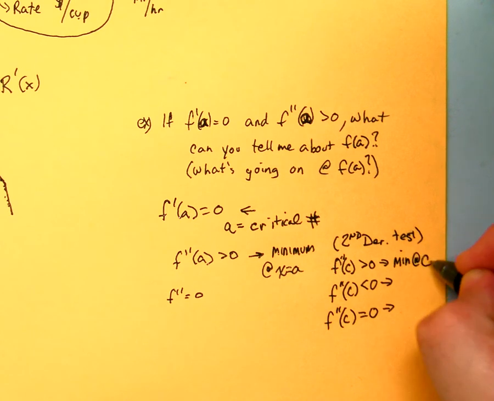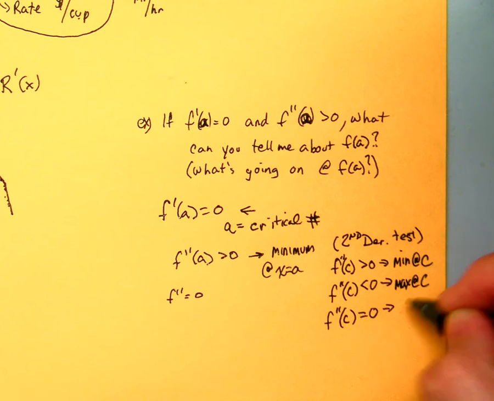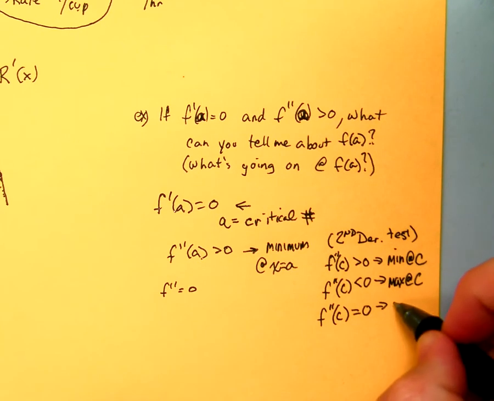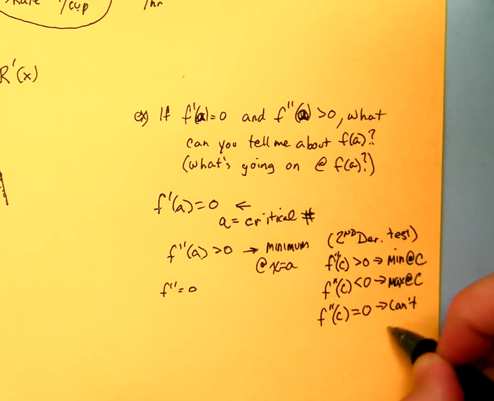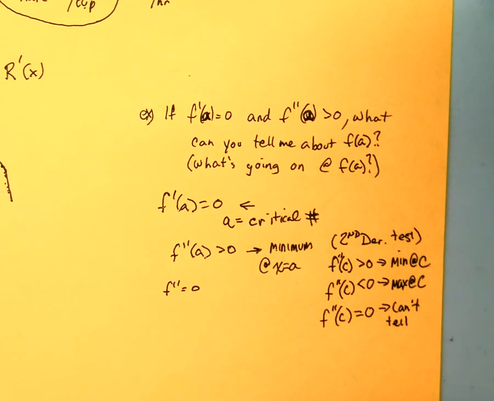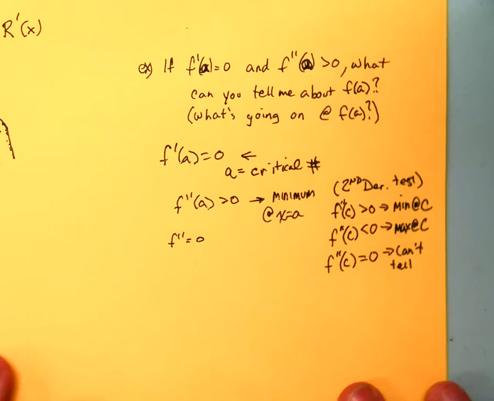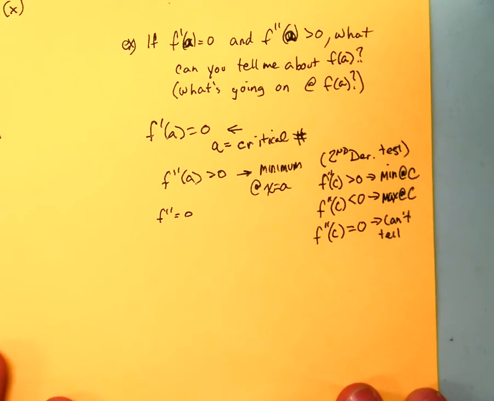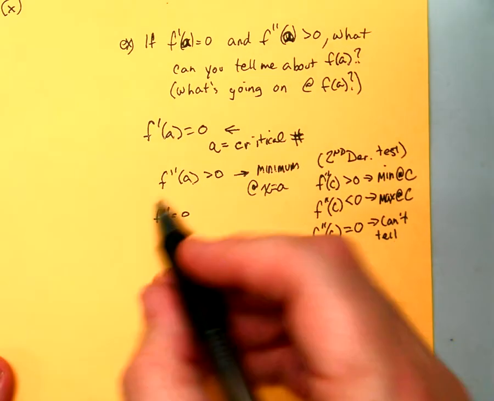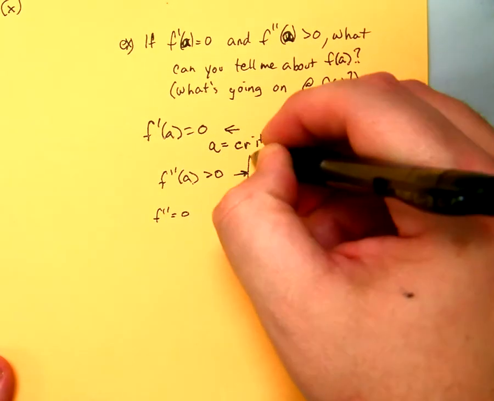If it's less than 0, you get a max at c. And if it's equal to 0, you can't tell.